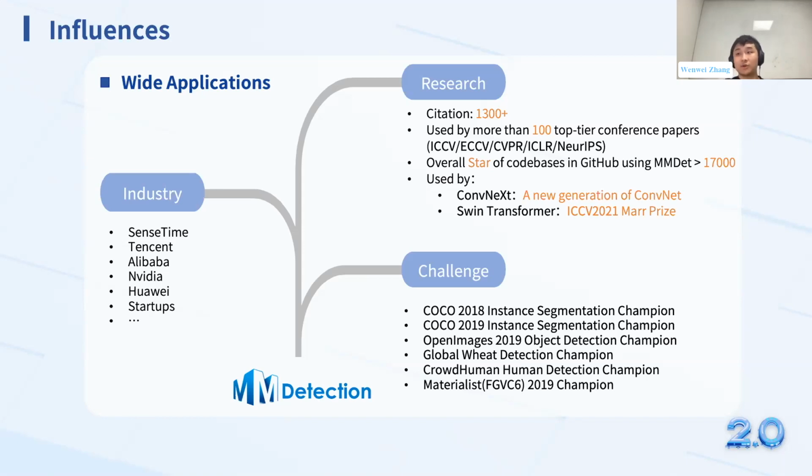It is also used by many high-impact papers like ConvNeXt, a new generation of ConvNet, and the Swin Transformer, which won the ICCV 2021 Marr Prize. There are many teams using MMDetection to win international challenges like COCO and OpenImages and many challenges on Kaggle.